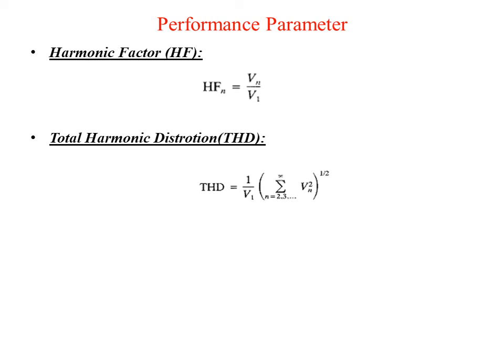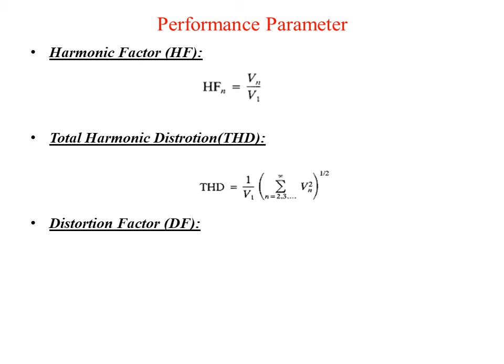The third important parameter is distortion factor. The THD gives the total harmonic content, but it does not indicate the level of each harmonic component. If a filter is used at the output of inverters, the higher order harmonics would be attenuated more effectively.